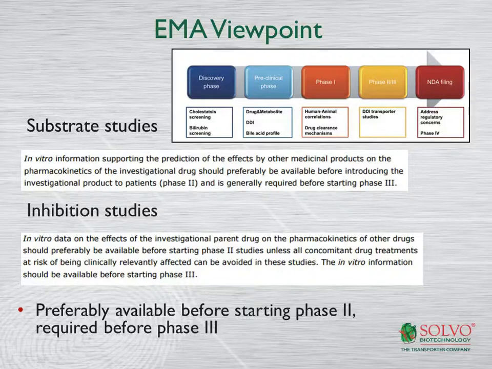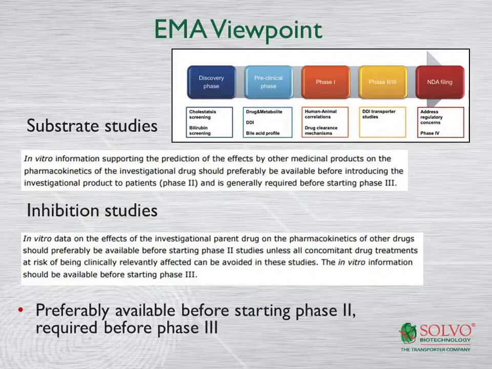Until this moment, it needs to be known if this drug inhibits one of the most famous transporters. And it's the same for substrate studies. In general, they should be performed until phase 2, but at the latest before starting phase 3 clinical studies.